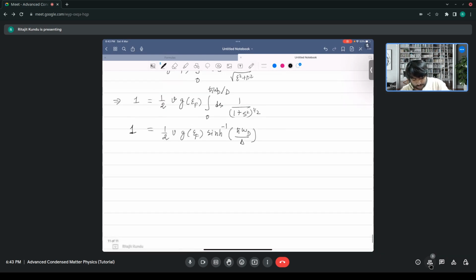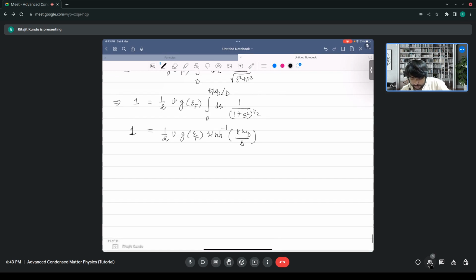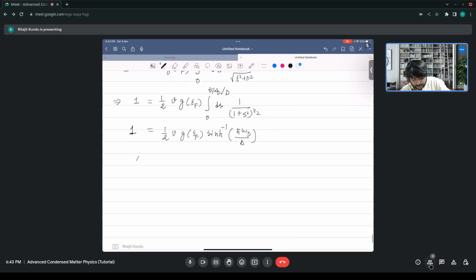We can approximately write this expression, invert some of the things, and it becomes delta_0 equals 2 h bar omega_D times exponential of minus 2 by g(E_f) times V. Here this small v is the interaction strength, the attractive interaction strength.